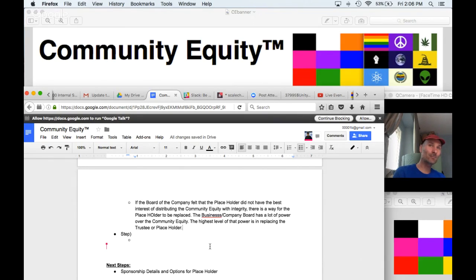So let's replace them with an organization, right? Or they didn't like this organization and they wanted to choose a nonprofit. That process is pretty easy. There are snags in there, but that's why the board can still be involved in the community equity distribution process. So step 3 would be the beneficiaries have a problem.